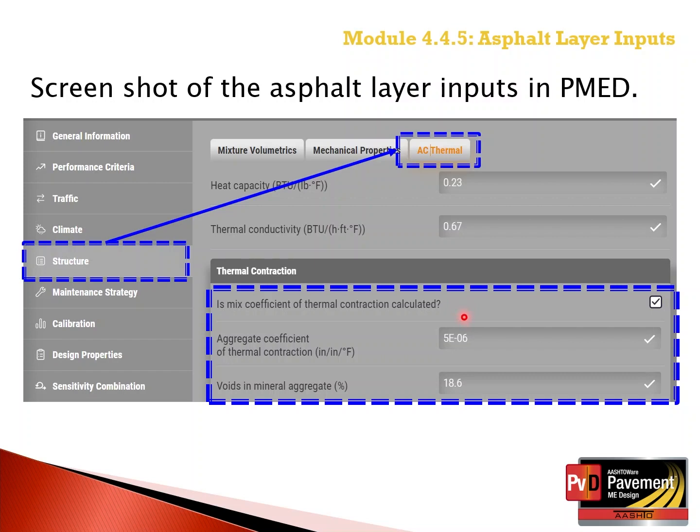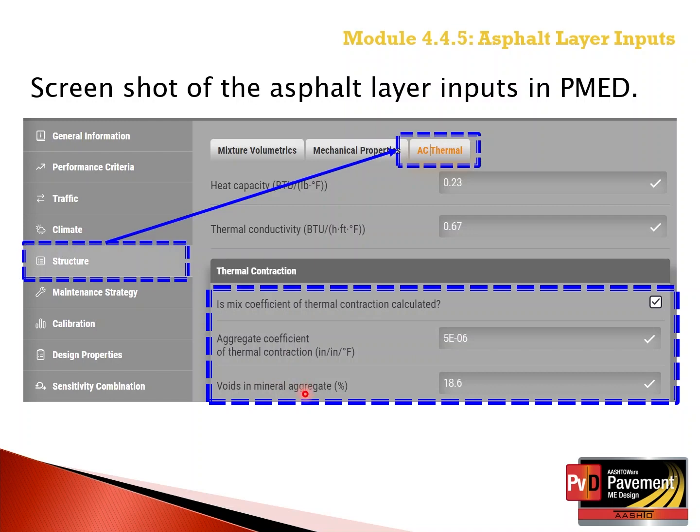If the designer selects the option to let the software calculate the coefficient of thermal contraction of the asphalt layer, the aggregate coefficient of thermal contraction, density, and voids in the mineral aggregate are used in the regression equation to calculate the coefficient of thermal contraction.